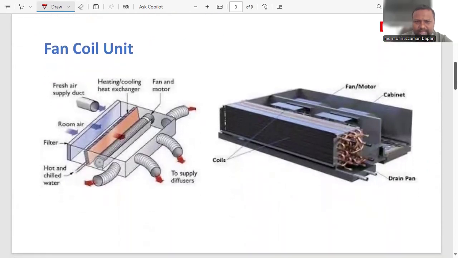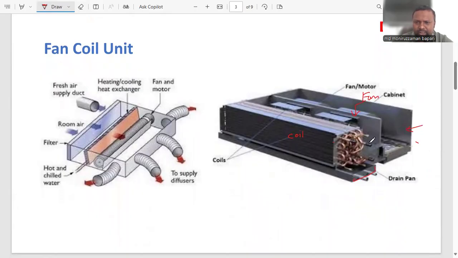So if you look inside, it's a typical one. There is a coil, and here are your fan motors, the blowers. So air is sucked in and flows through like this. And there is a drain pan to collect the condensation.